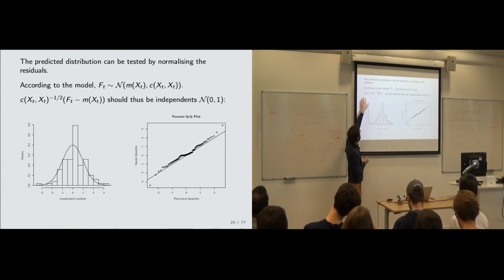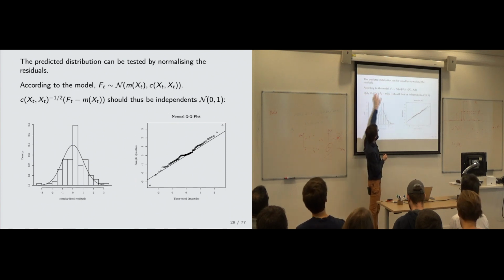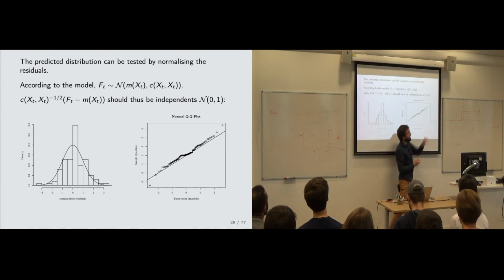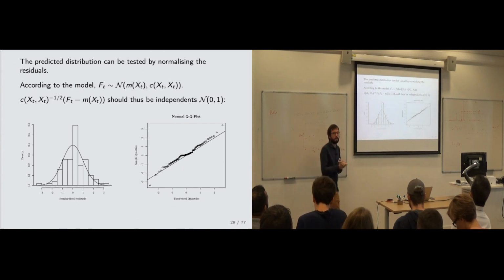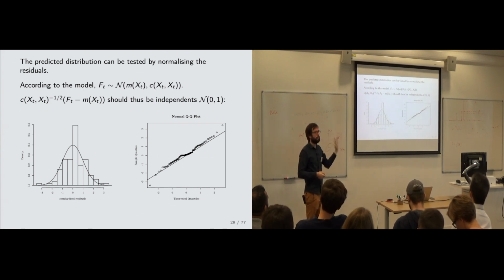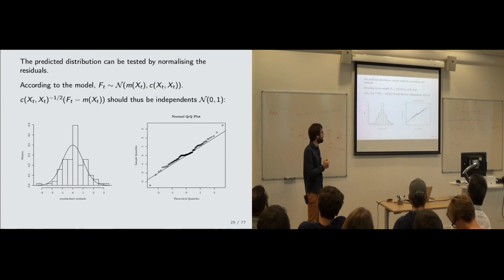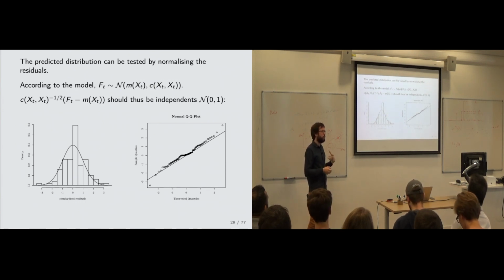Now that you obtain these, according to your model, they should be exactly N(0,1). So you can plot a histogram of them, or a quantile plot, or do some normality test if you want. You can dig into that to make sure the predictions given by your model make sense.